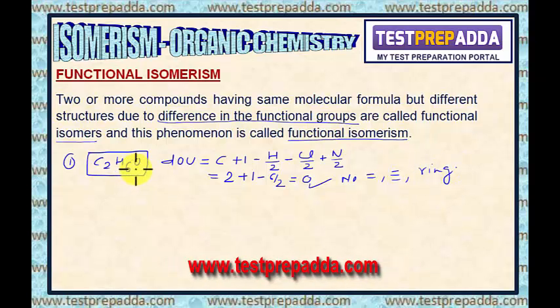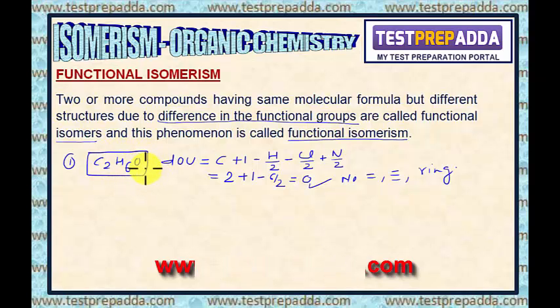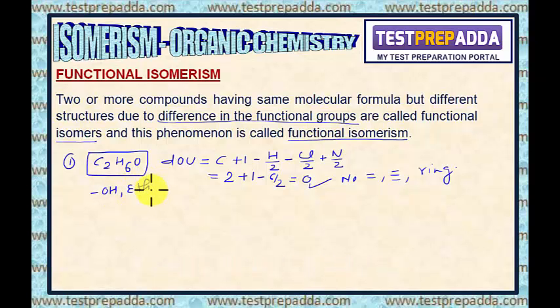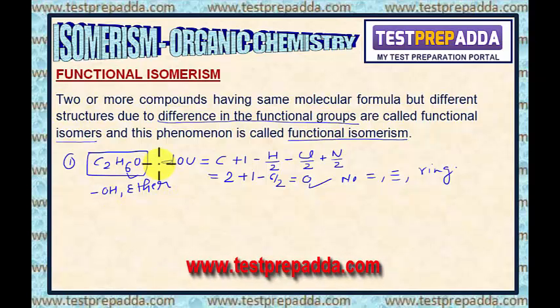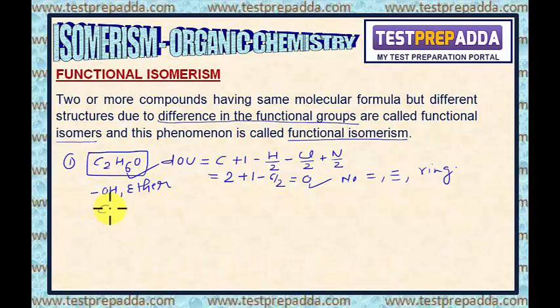That means think about those structures where you have oxygen in the functional group with no unsaturation. Alcohol is there, ether is there. So for this we will write alcohol and ether.